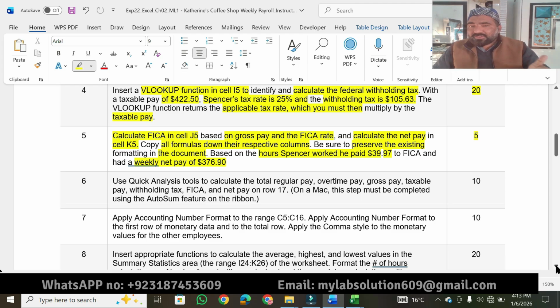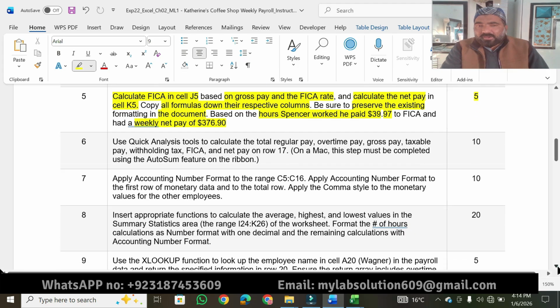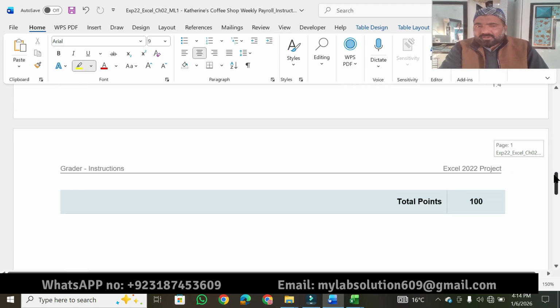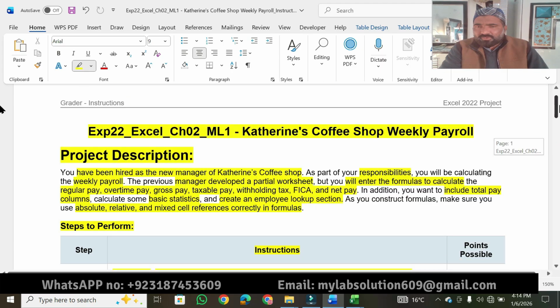The VLOOKUP function returns the applicable tax rate, which you must then multiply by taxable pay. So after solving question number 4, we have earned 4 marks from there. Then in question number 5, we have to calculate FICA in cell J5. We have just discussed question number 5 and we will earn 5 marks from there. So almost half of the assignment is done from my side in today's video.